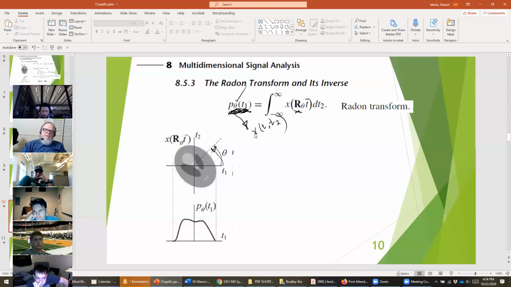Now notice, interestingly, that the original image is a two-dimensional function, and this is also a two-dimensional function because it's a function of theta and T1. It's a function of two variables. This is the reason we call it a transform. It transforms a function in two dimensions into another function in two dimensions, the projection space, if you will.